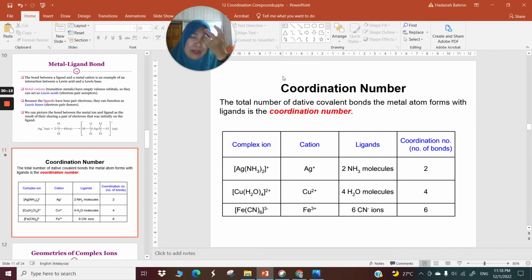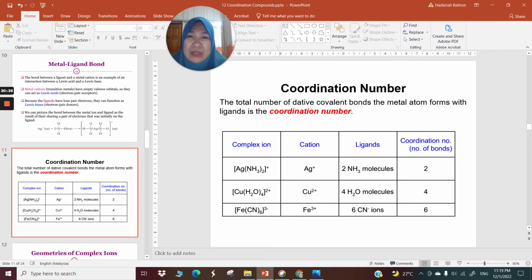So when we talk about coordination compounds, there are two numbers that you have to be very mindful about. One is the oxidation number of the metal. The oxidation number of the metal is the charge of the metal. Number two is the coordination number of the metal.